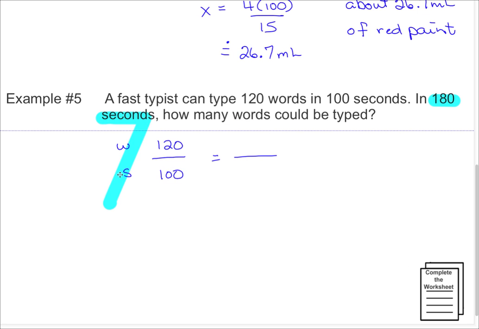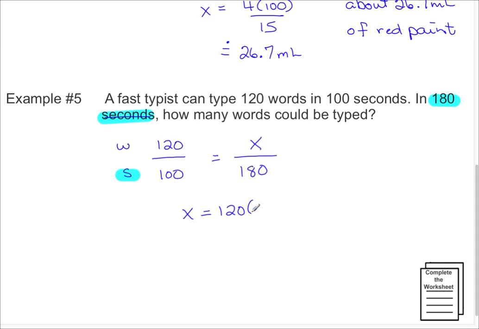So it has to go, whoop, that looks like a 7. Seconds. Whoa, weird stuff happening here. Seconds goes with seconds. So let's put that 180 down here and put our x up here. Now remember, when cross multiplying, we're going to cross this way and then divide by the thing that's left over. So 120 times 180 divided by 100.